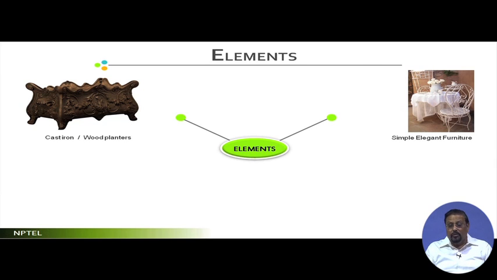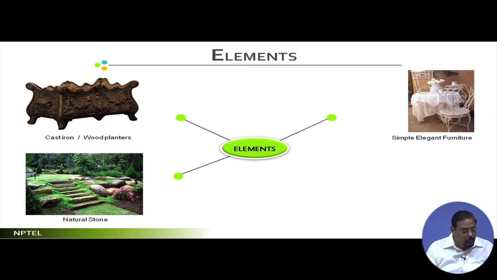Elegant furniture, cast iron or wooden furniture, made for outdoor sitting, and many other indoor kinds of furniture, lightweight, simple, elegant, also started becoming part of the landscape, placed almost at the junction of the building and the landscape. The natural stones.